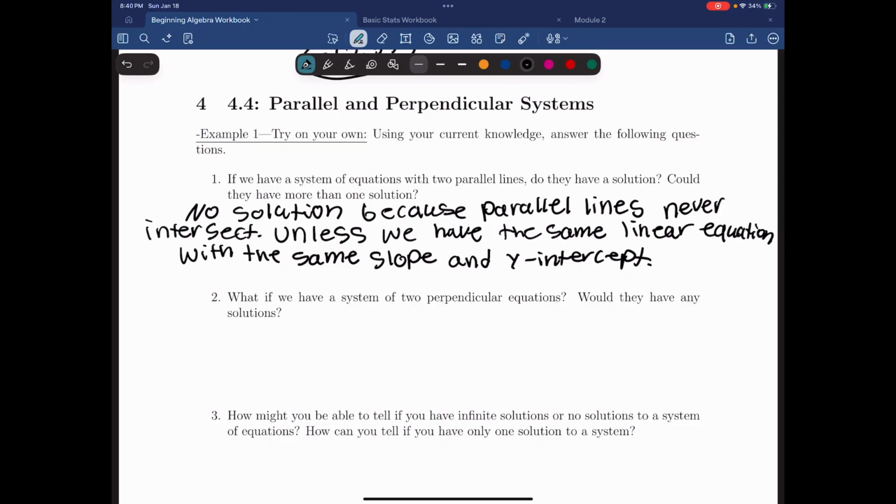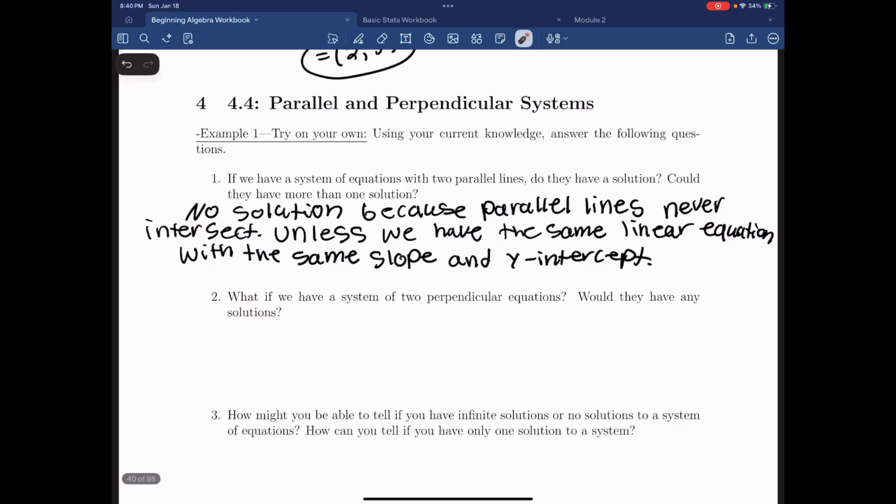Technically, if you have the same linear equation, it is parallel with itself. So that's why I said there is an exception. But if you don't have the same linear equation, then there's no solution. But if it's the same equation, then you're going to have, hint, hint, infinite solutions because it's on top of it.